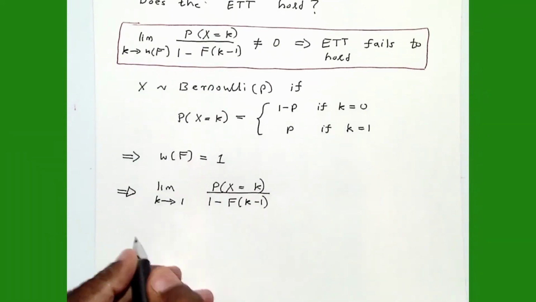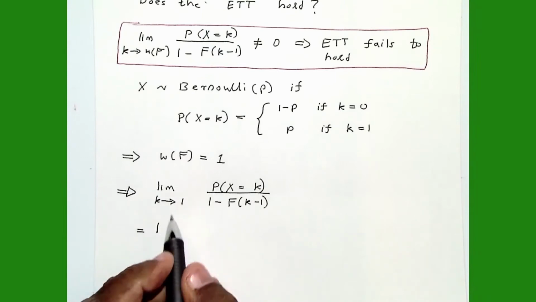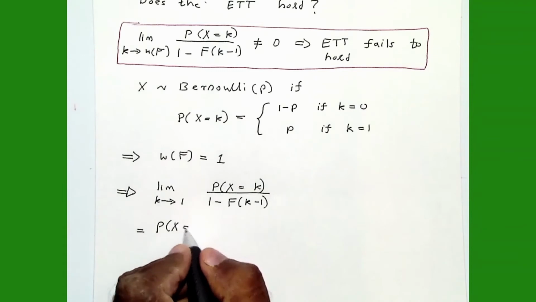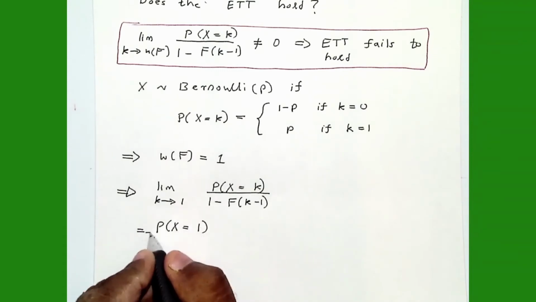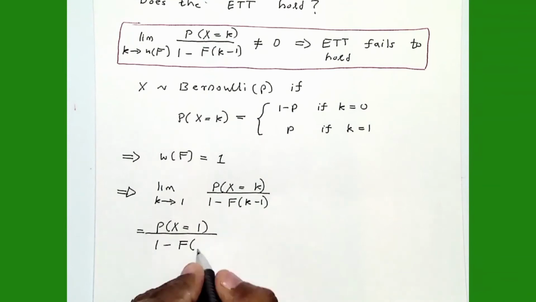You don't need the limit anymore because you just put k equal to 1. So you get the probability x equals 1 divided by 1 minus f at 1 minus 1, which is 0.